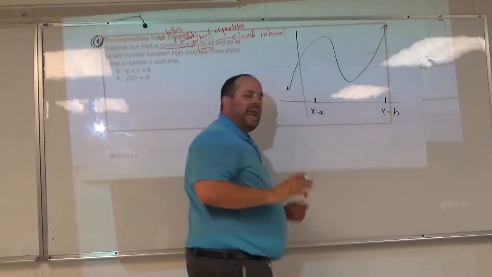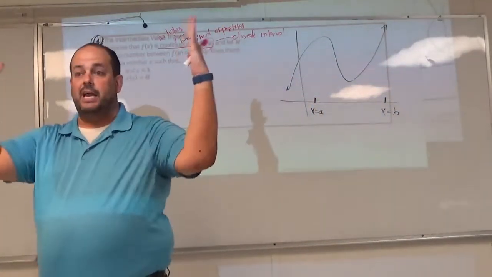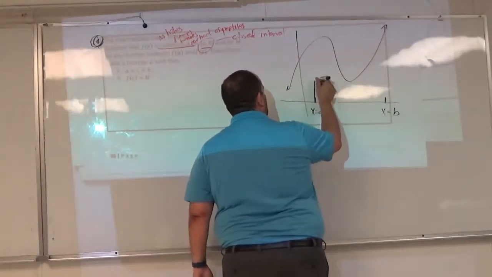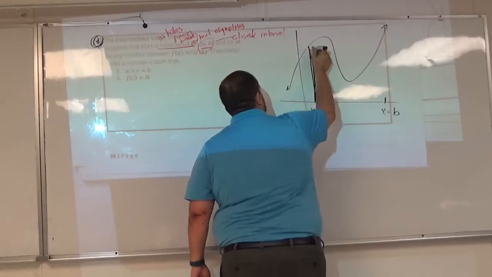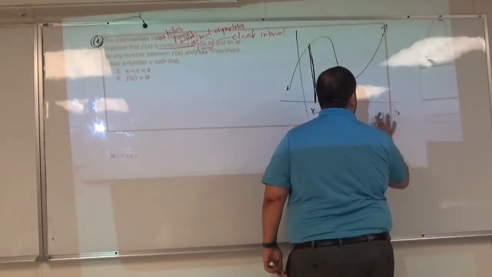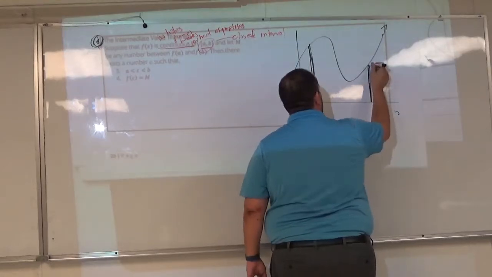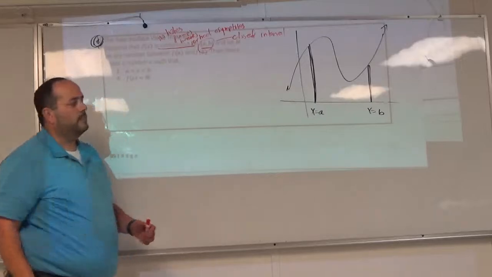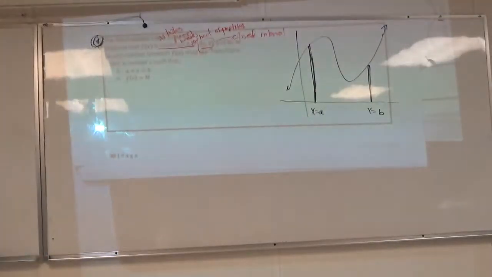Any continuous function on a closed interval. So my closed interval is from x equals A to here, x equals B. Okay, the function is continuous on a closed interval. I think we're all okay.